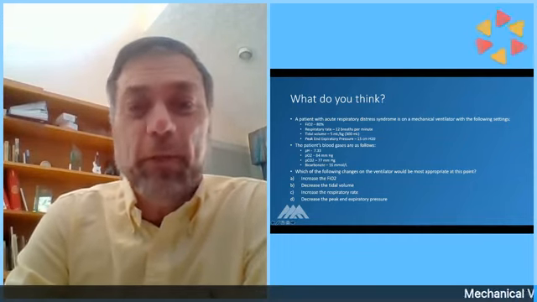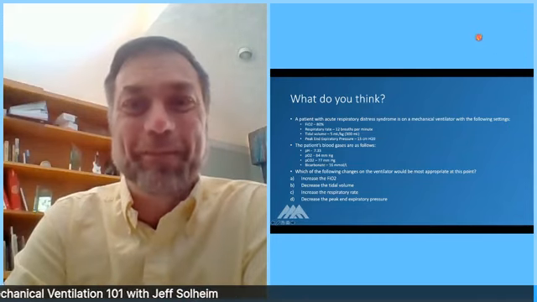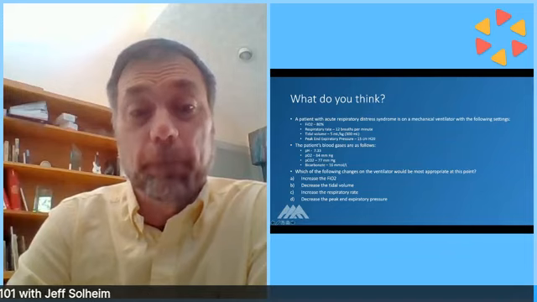All right. So the question reads: a patient with acute respiratory distress syndrome. You can substitute that with a patient who has ARDS secondary to COVID, on a mechanical ventilator with the following settings. The FiO2 is set at 80%, the respiratory rate at 12, the tidal volume at 5 mL per kg or 300 mL, the positive end expiratory pressure, or PEEP, at 15 centimeters of water.